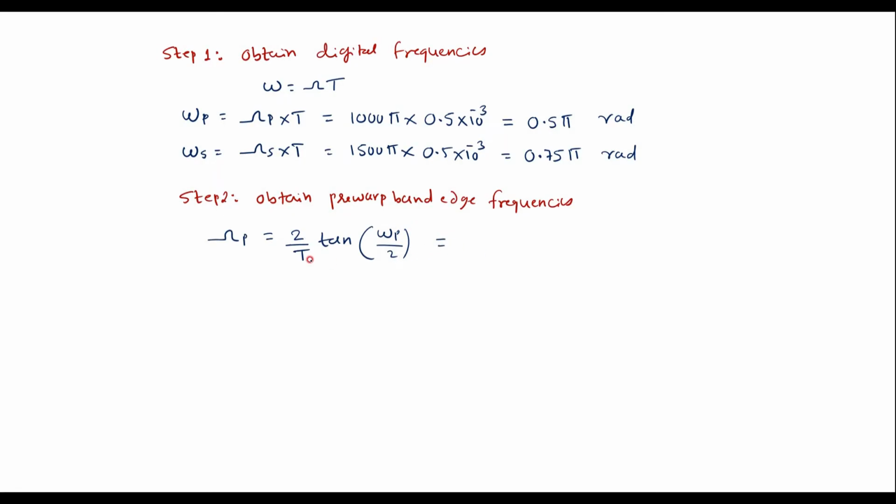Substituting the values, here we are supposed to consider T equal to 1 second. Let T is equal to 1 second. Therefore, I can write 2 by 1, that is 2 tan, omega p is already calculated, that is 0.5 pi divided by 2. So simplifying this, we'll get 2 radians per second.